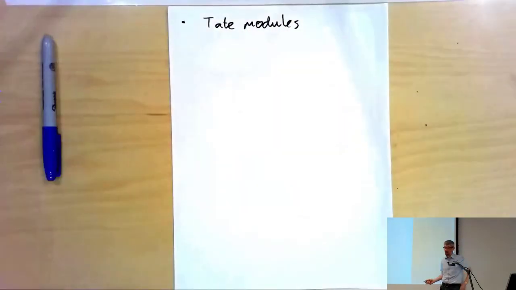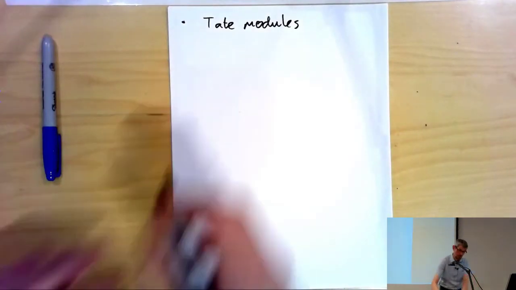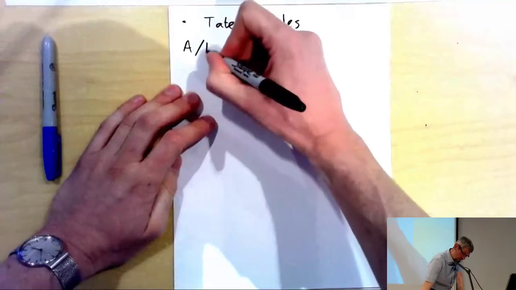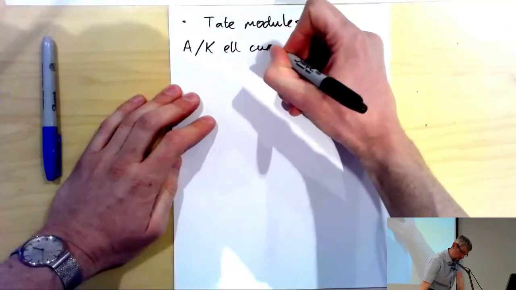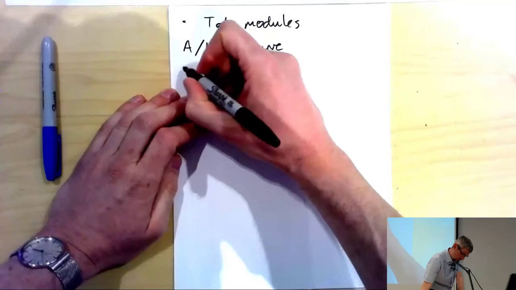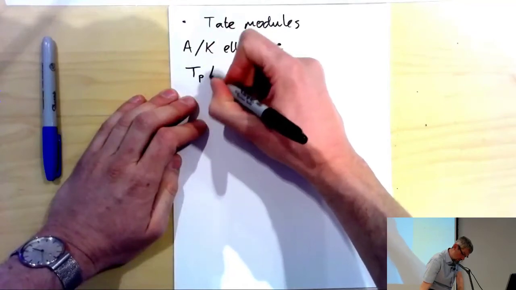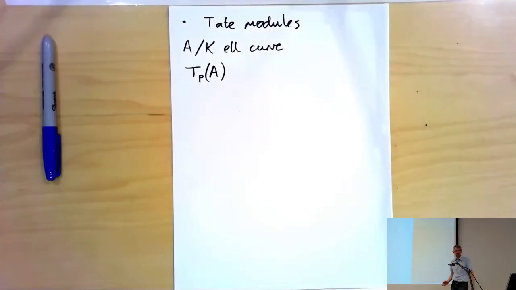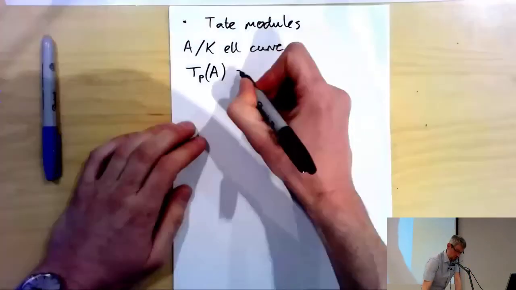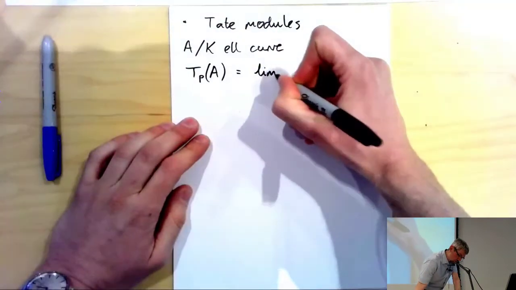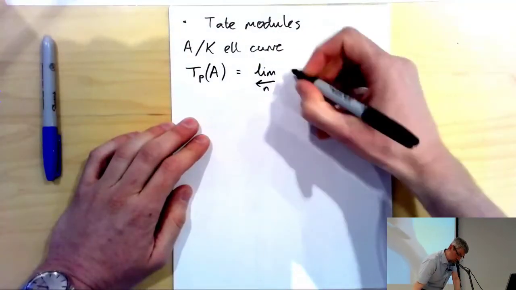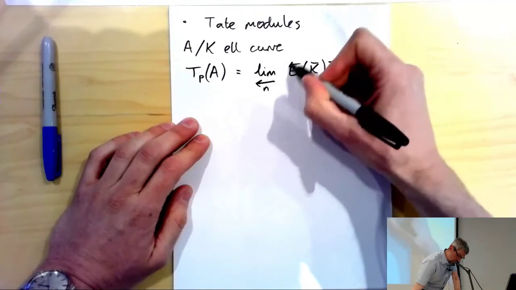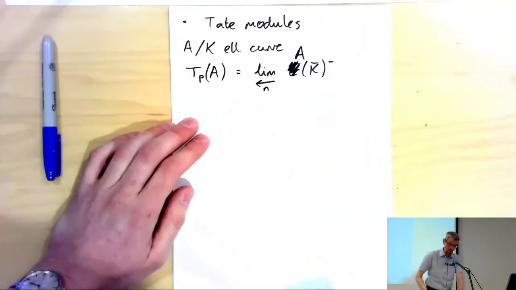So if I take an elliptic curve over my field K, and since E is in use, I'm going to call it A. I'll define something with Z_p coefficients first, and then I'll extend scalars to Q_p.